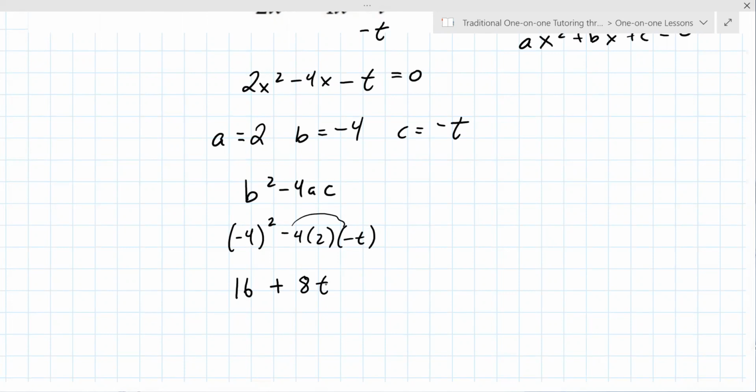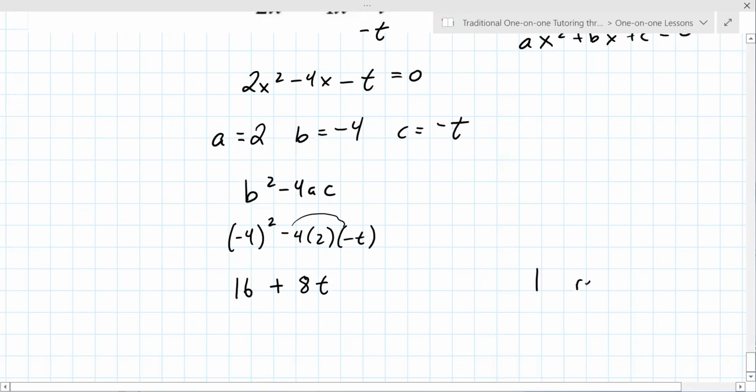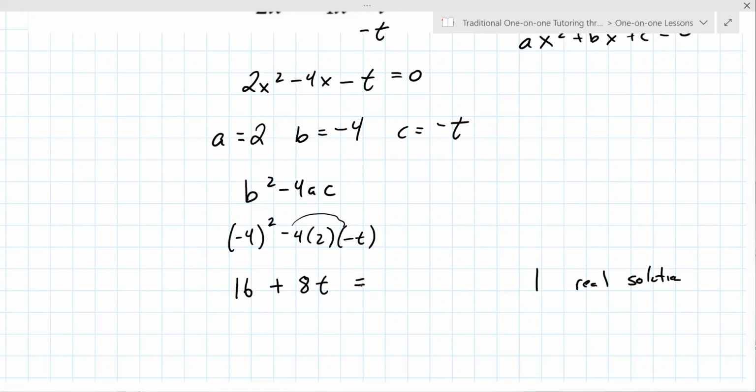Oh, okay. So let's say you wanted it to have one real solution. What does the discriminant have to equal? It has to equal 0. Yes.